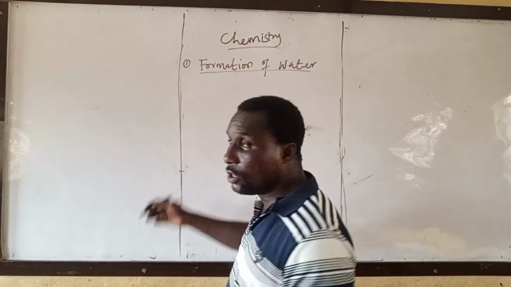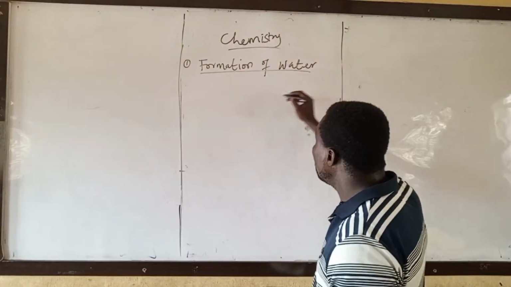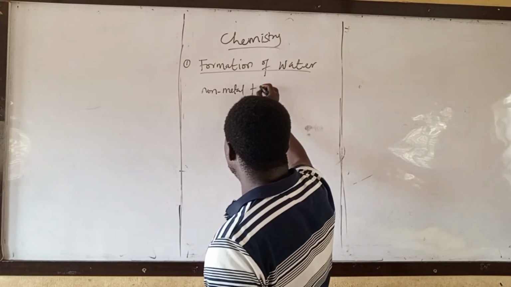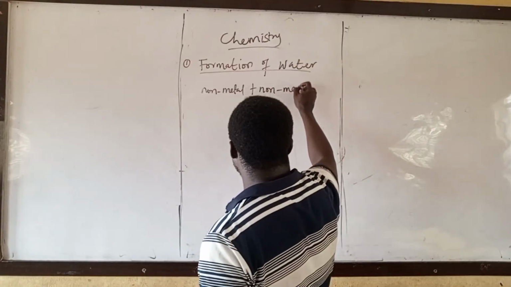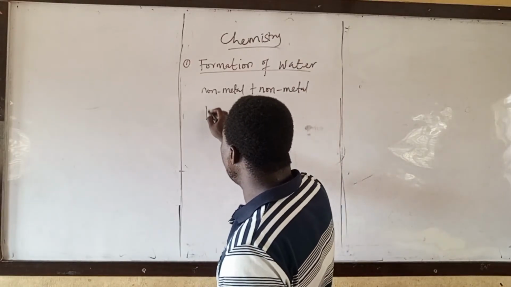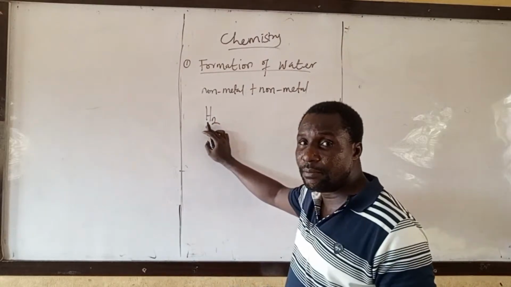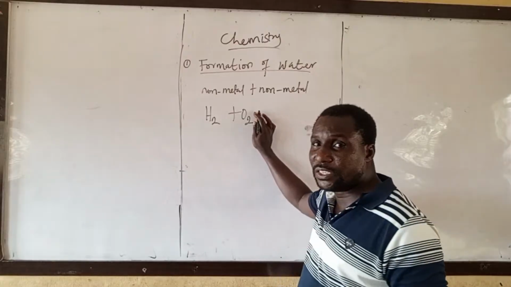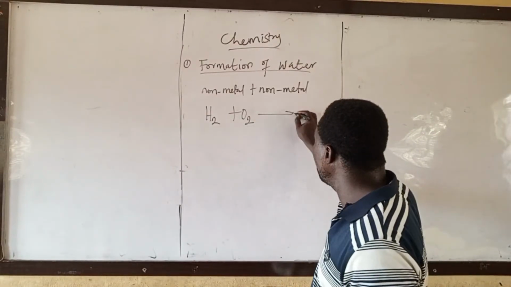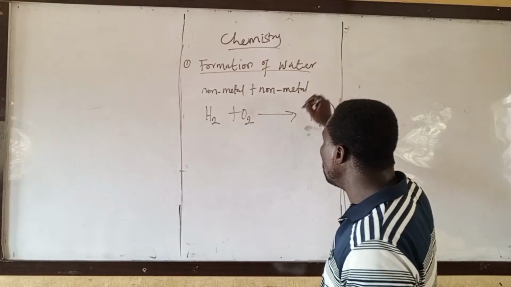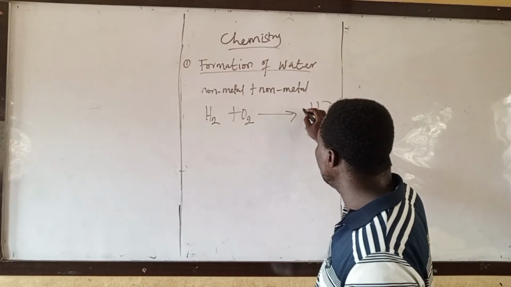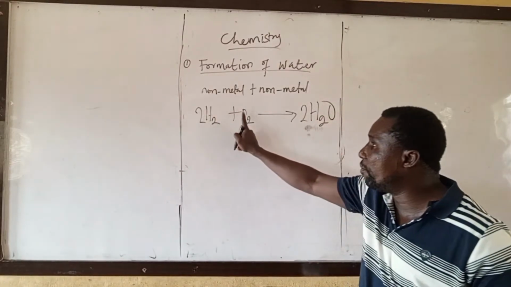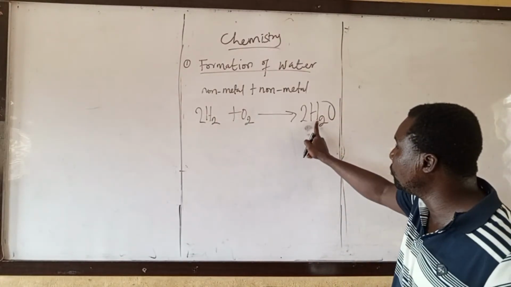That means, I told you, covalent bond is formed when you have non-metal combining with what? Non-metal. Then when you have H2, hydrogen gas, plus O2, oxygen gas, to give you what? H2O, water. Balance the equation. If I put 2 here, I put 2 here. Can you see? Non-metal combining with non-metal to form H2O.